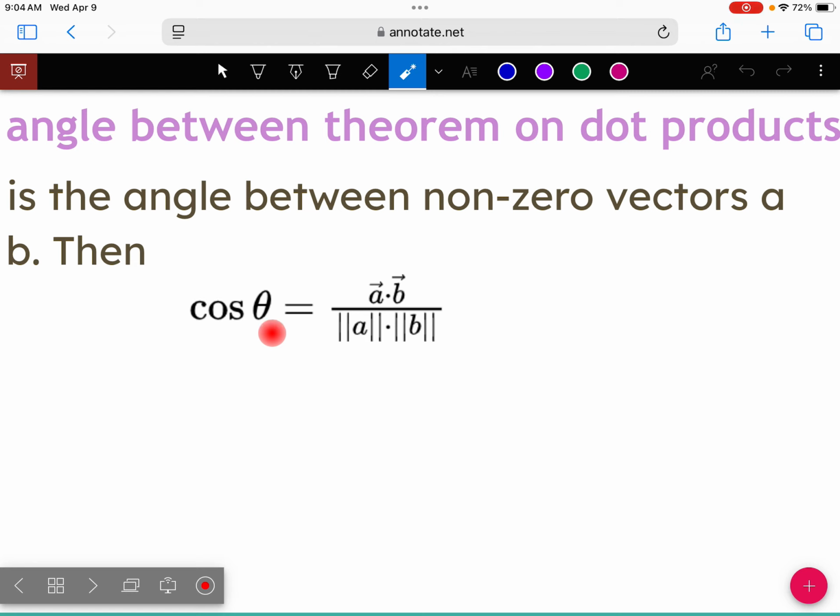So cosine of the angle between is the dot product over the product of the magnitudes. So to find the angles between, we're going to find the dot product, magnitude of A, magnitude of B, and then we'll have to do an inverse cosine. So we're going to practice this. So write this formula down.